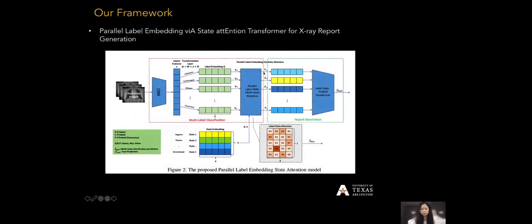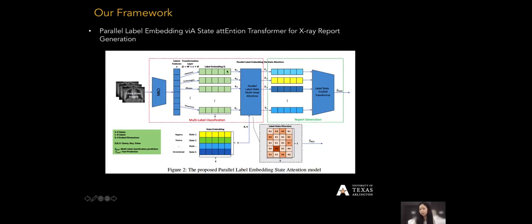We propose a model, basically modified from the transformer, for chest X-ray report generation. Firstly, for the chest X-ray images, we use a backbone CNN to extract the features. Because chest X-ray images usually have multiple labels, for each label we use transformer layers to learn embedded features from the extracted CNN features.